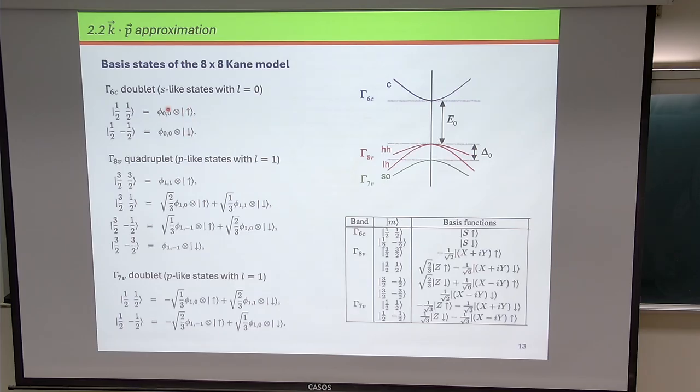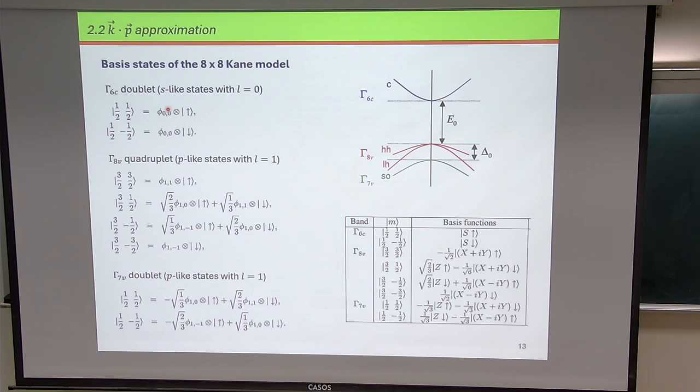All right, so I can do this for all the other combinations for L equals 0 and L equals 1. For L equals 0, I have these 2 states here, and for L equals 1, I have the other 6 states, forming this quadruplet, which is a p-like band, and then another 2, this doublet, which is also p-like.